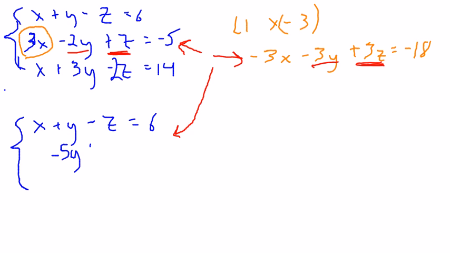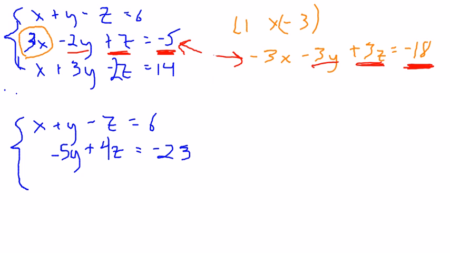That adds to plus 4z. Sorry, my z's are kind of bad. And then I get the equal sign. And then I have the negative 5, and I add it to the negative 18. And that gives me negative 23.